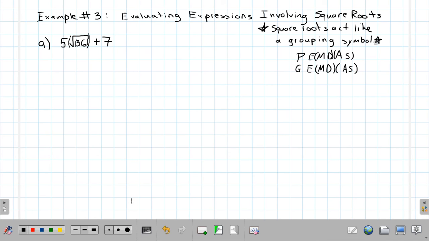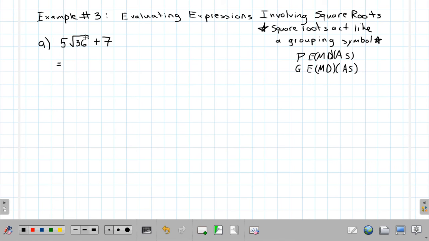But once again, you kind of think of the square root as having parentheses around it. So when we're going through order of operations, the first thing we're going to need to do here, well, we have multiplication, we have a square root, and we have addition, okay? So the first thing that we're going to need to do here is actually take the square root because it acts as a grouping symbol.